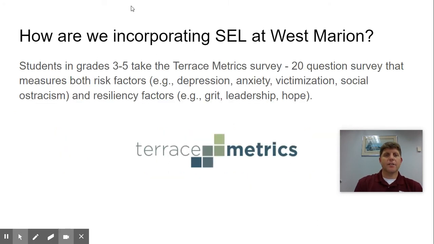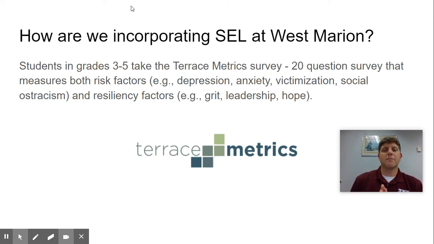In addition to all that, our district's also partnered with Terrace Metrics, and every student in grades 3 through 5 is taking this survey. And this survey is basically designed to measure risk factors such as any kind of depression or anxiety, victimization, social ostracism, and also measures resiliency factors such as grit, leadership, and hope.